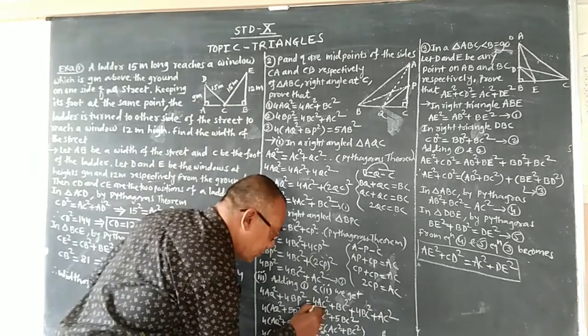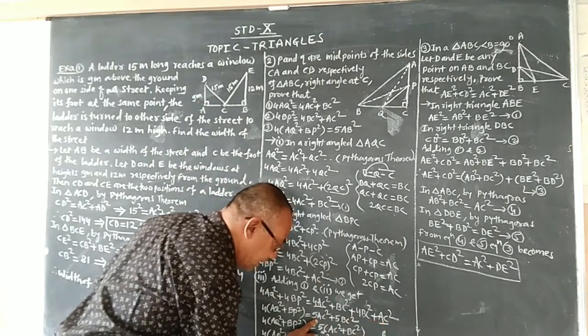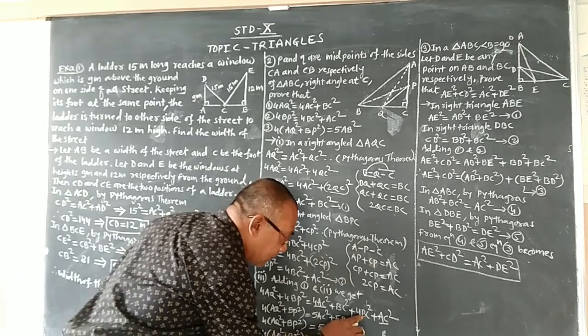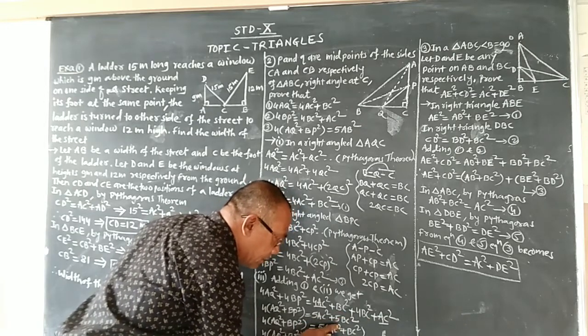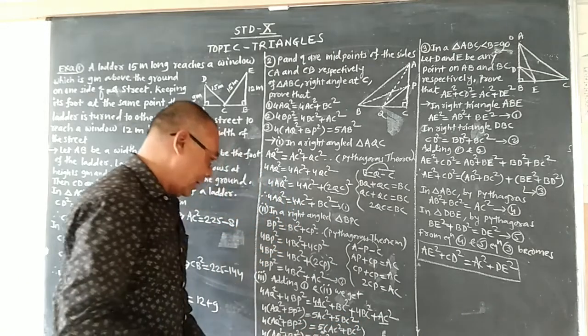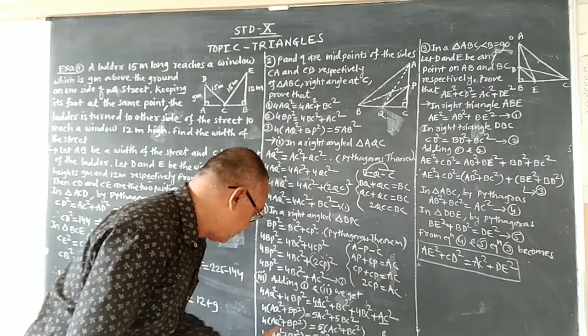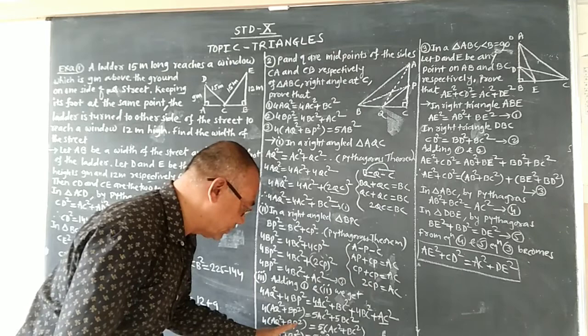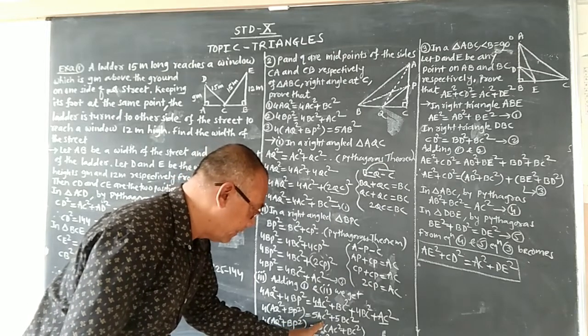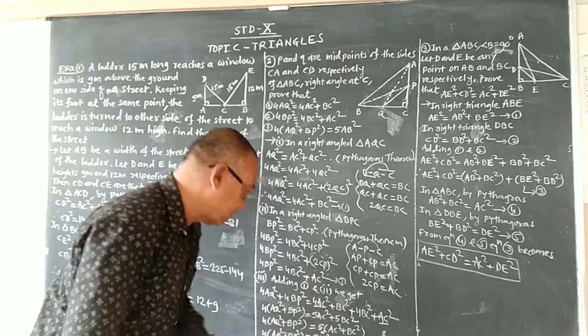Here 4AC square plus 1AC square, it will be 5AC square. Again 4BC square plus 1BC square, it will be 5BC square. And now taking 5 as a common, we will write 4AQ square plus BP square is equal to 5 into bracket AC square plus BC square.